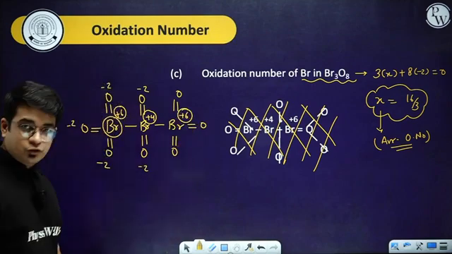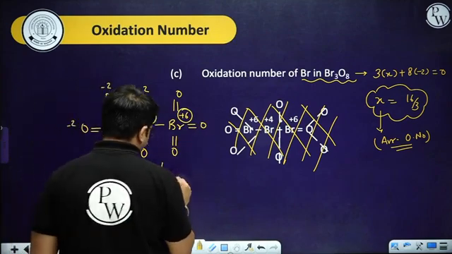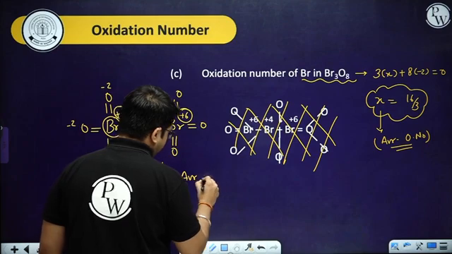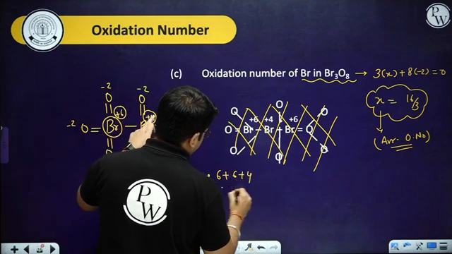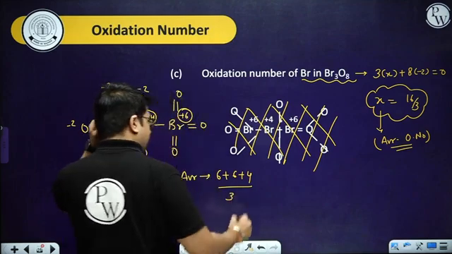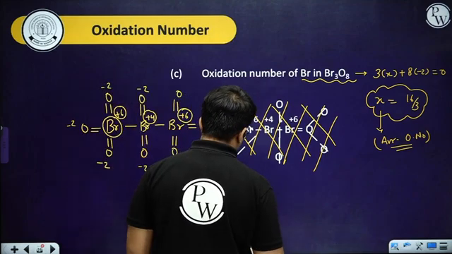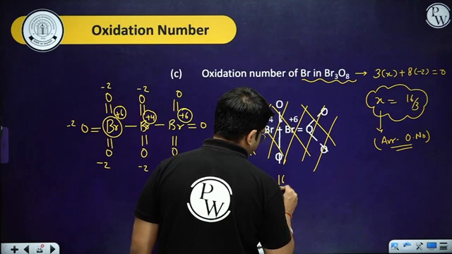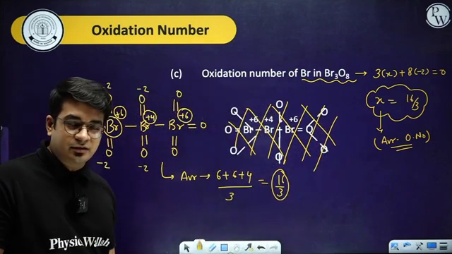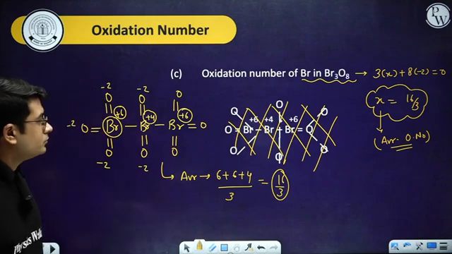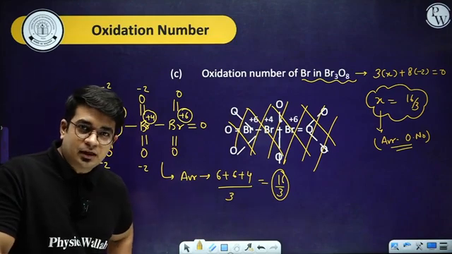So that is the individual oxidation state. From that particular part, if I want to calculate the average, that will be 6 plus 6 plus 4 divided by total bromine atoms, which is 3. So 12 plus 4, 16 by 3, which is same according to the formula. Okay, so that is the difference. I hope this part is clear.